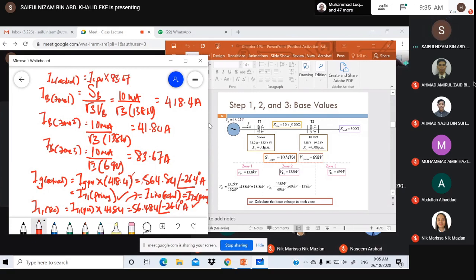83.7. So what do you get? The actual load current.